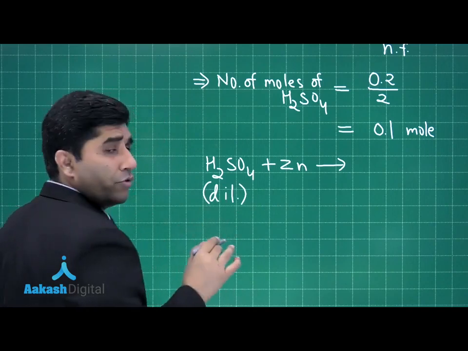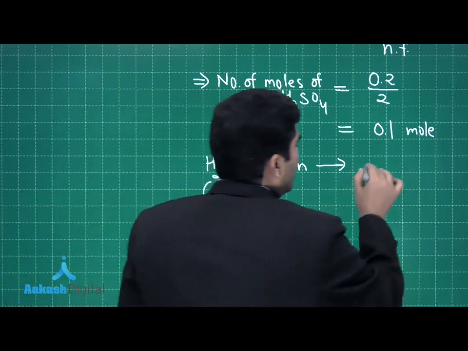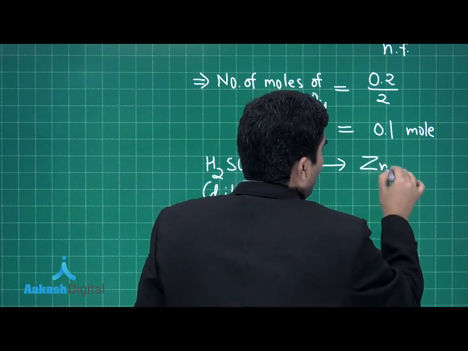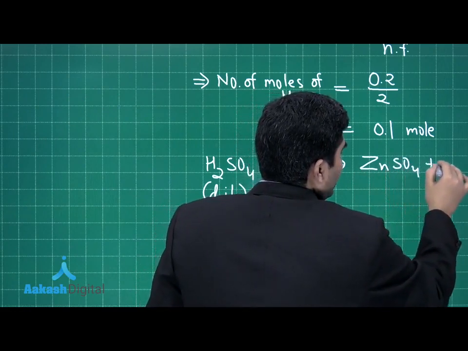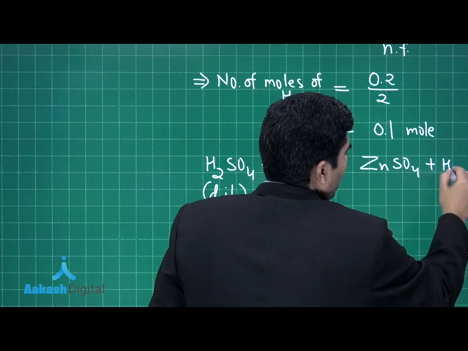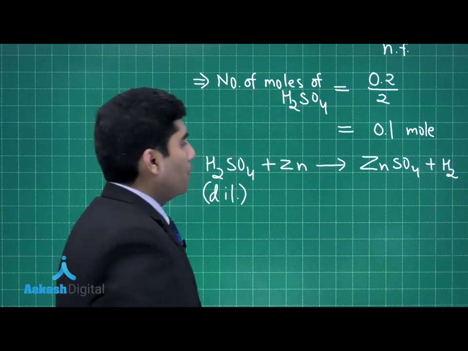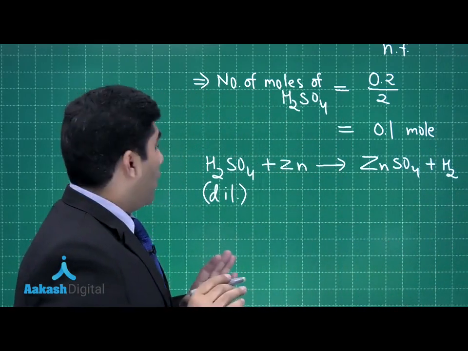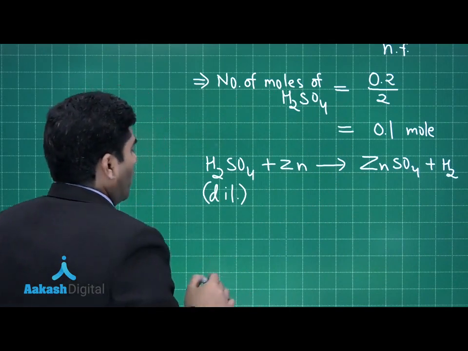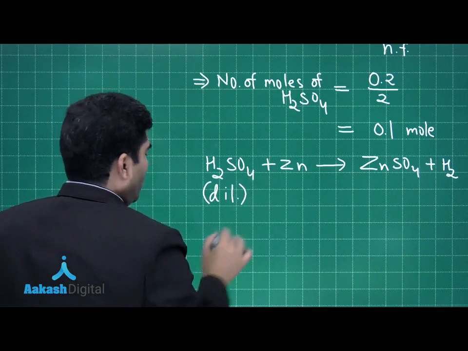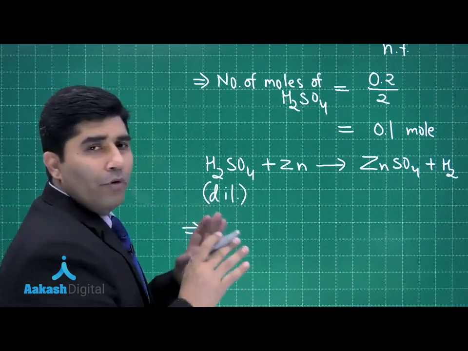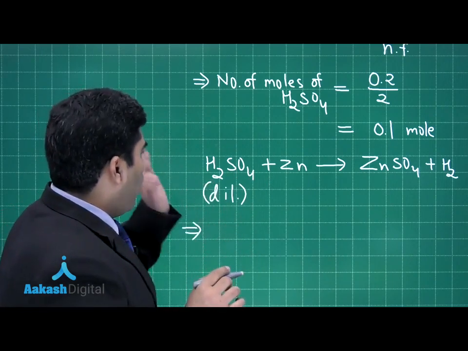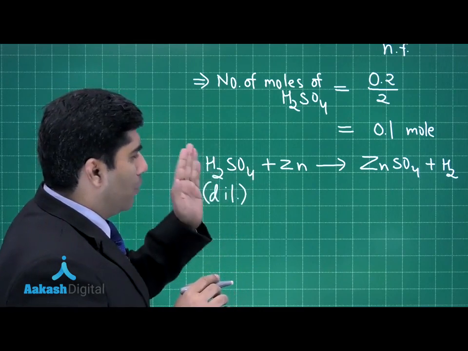So dilute H2SO4 plus zinc will give us ZnSO4 plus H2, right? Now, from this reaction, since it is already a balanced reaction, we don't have to balance it, and all the atoms are balanced in the particular reaction.